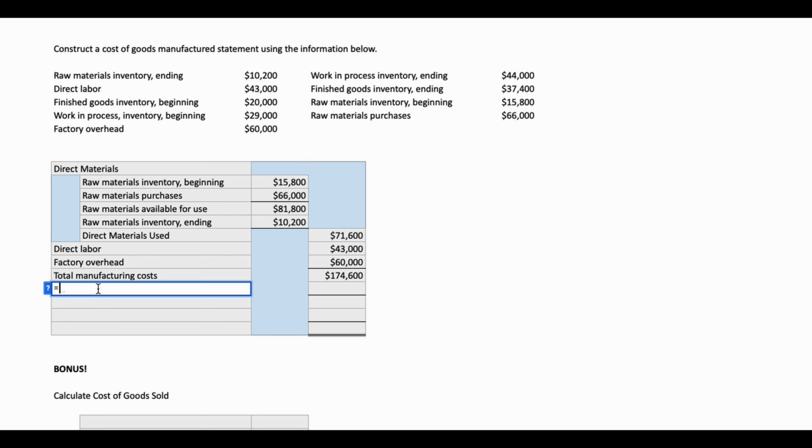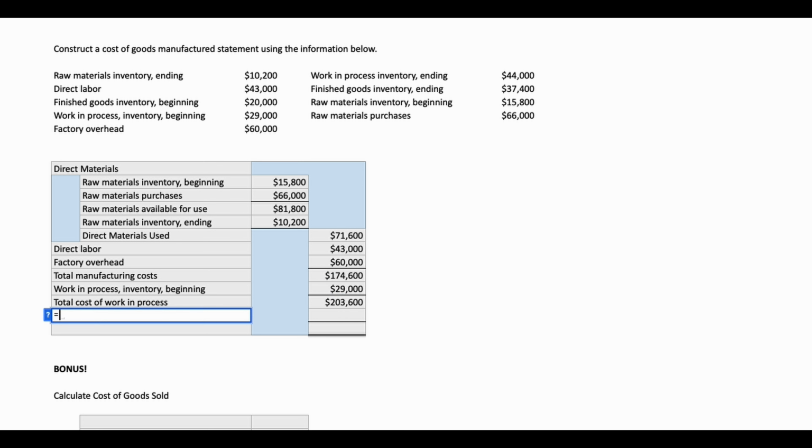Now we take into account what was on our production line when we turned the lights on, which is our work in process inventory beginning. They're telling us that it is $29,000. That tells us what our total work in process was. So we take what we added to the production line this month plus what was already on the production line, giving us $203,600.